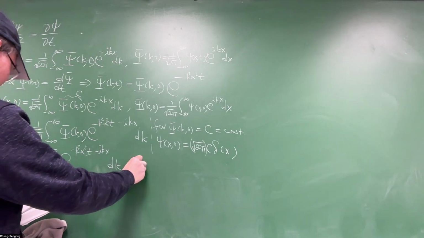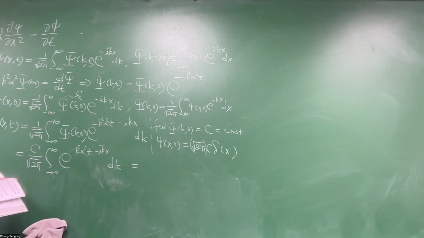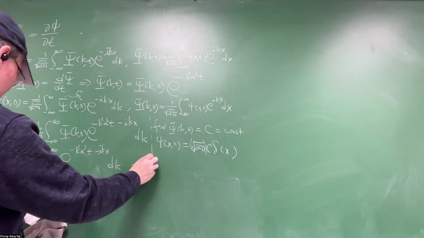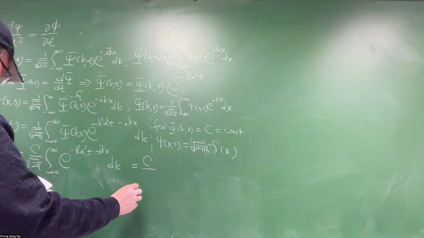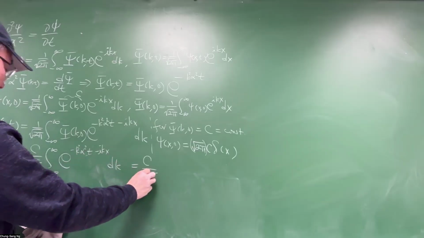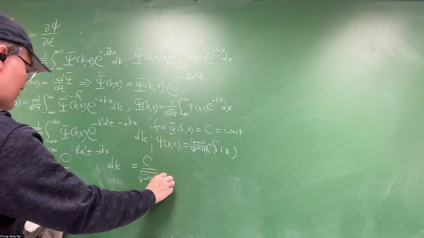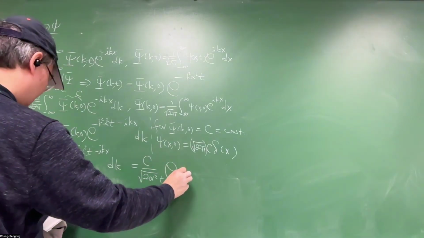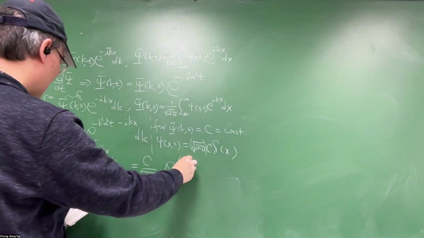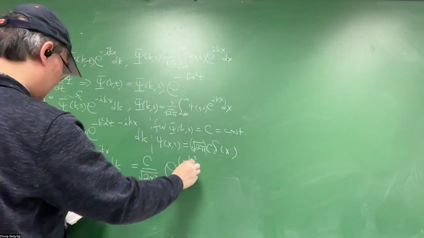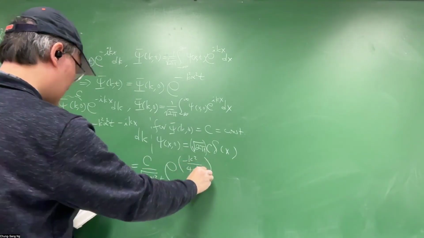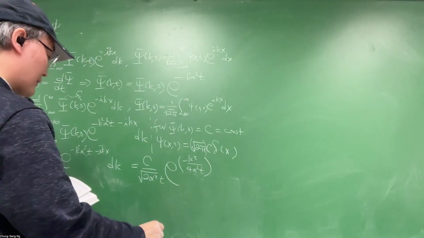Okay, so you can just look up the final answer, which is, other than the factor c, 1 over square root of 2a, where a is alpha squared t, so 2 alpha squared t, exponential, and minus omega squared is minus k squared, and 4a becomes 4 alpha squared t.